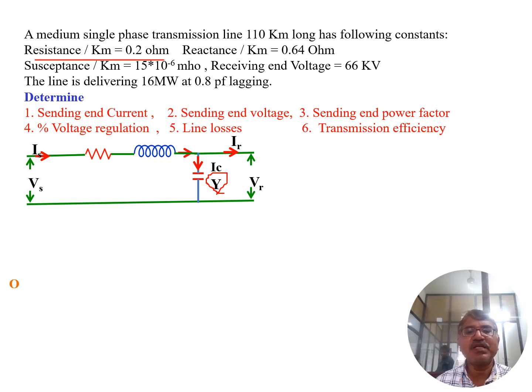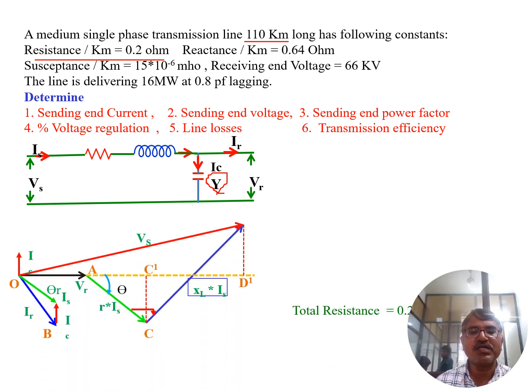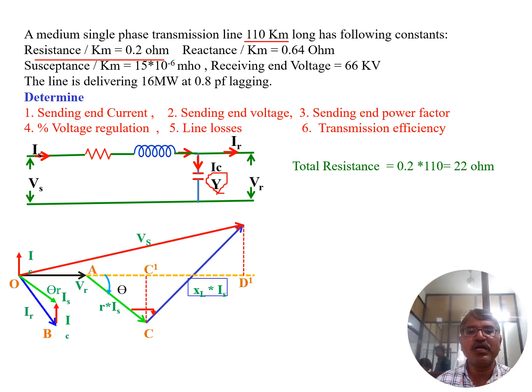Total resistance is equal to resistance per kilometer into length of the transmission line. Resistance per kilometer is equal to 0.2, total length of the transmission line is equal to 110 kilometers. Therefore, the total resistance of the transmission line is equal to 22 ohms.